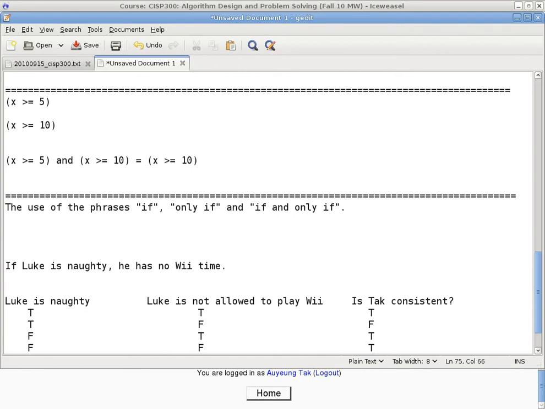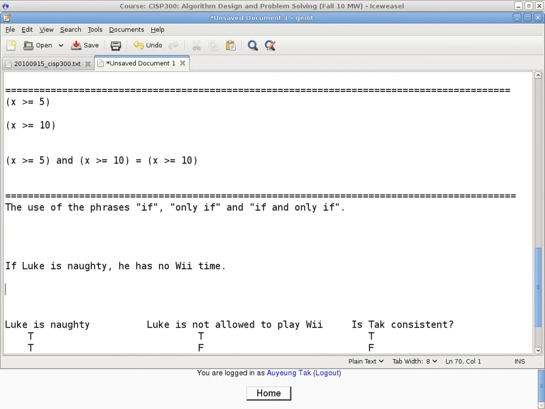Why is that the case? Why am I still consistent with my words? You might have done something else to not allow him to play Wii. Exactly. Because this statement, if Luke is naughty, he has no Wii time, what is it exactly saying?